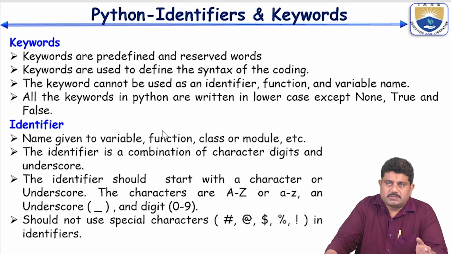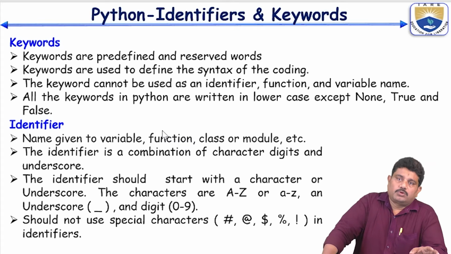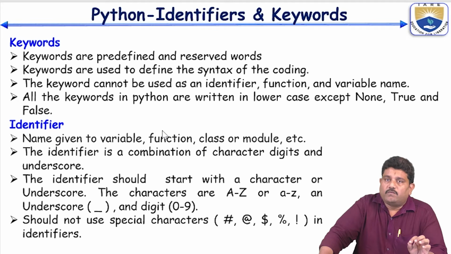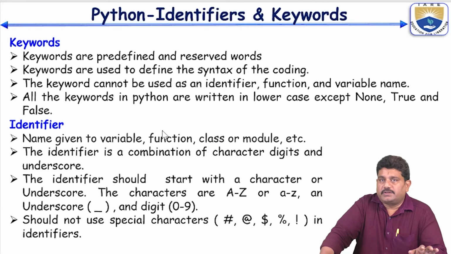To identify a person uniquely, we have a name. Similarly, in programming languages, when we declare variables, we give names to those variables to identify them uniquely. Those are called identifiers. Whenever you are declaring variables, you have to give names. That is called an identifier. While giving an identifier, you should not use the keywords.